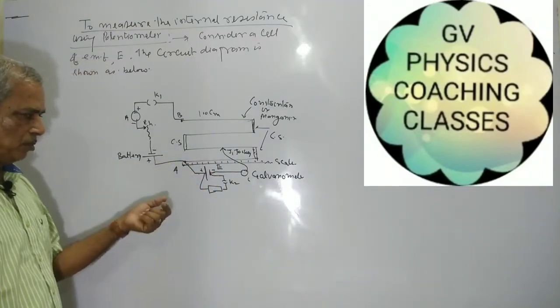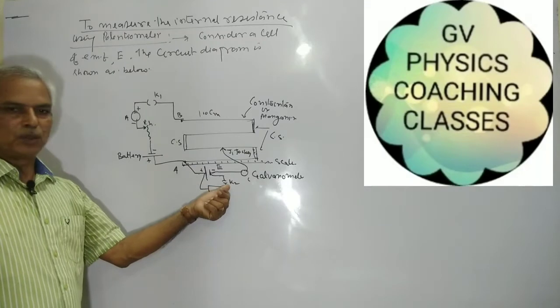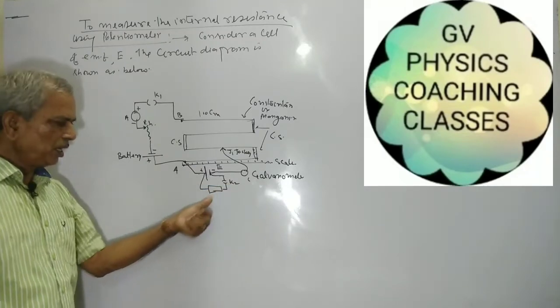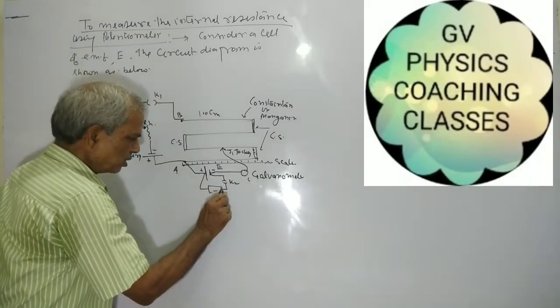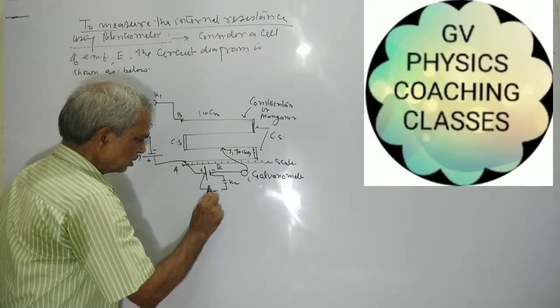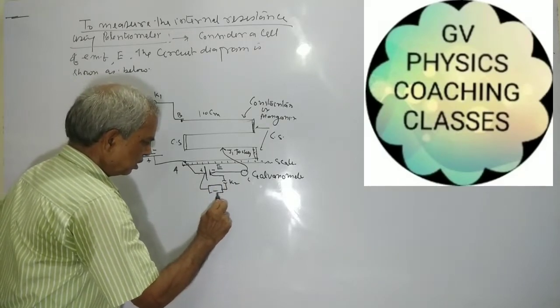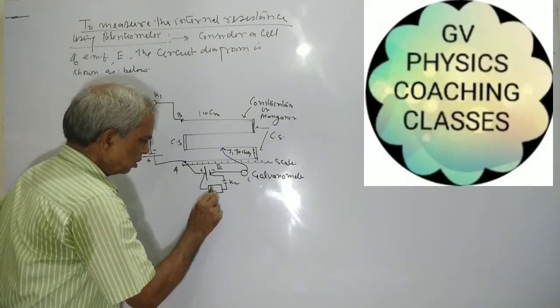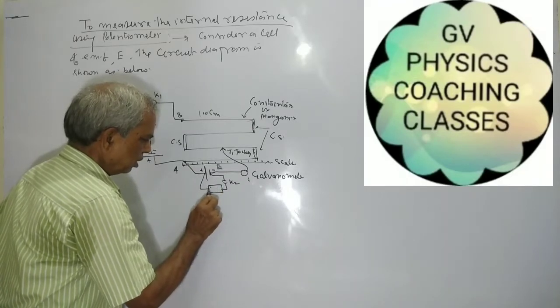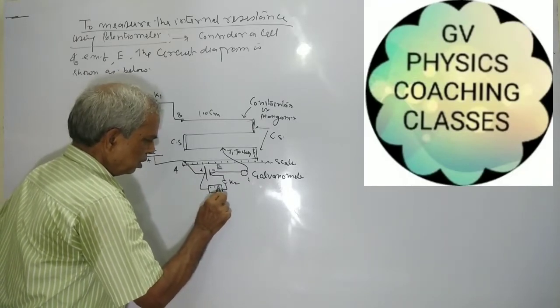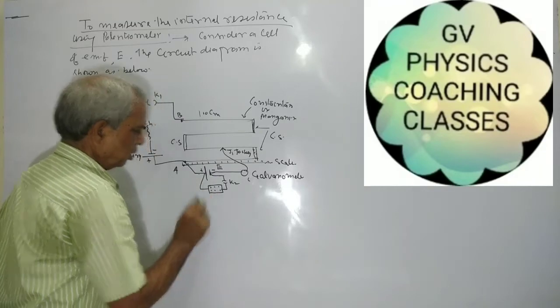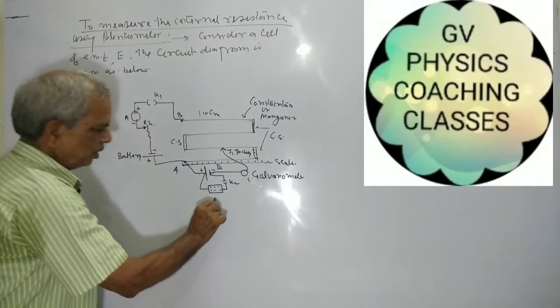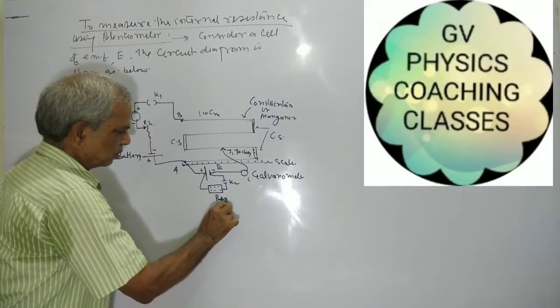In the next step, we insert the key K2 also, and take out any suitable resistance from this resistance box.